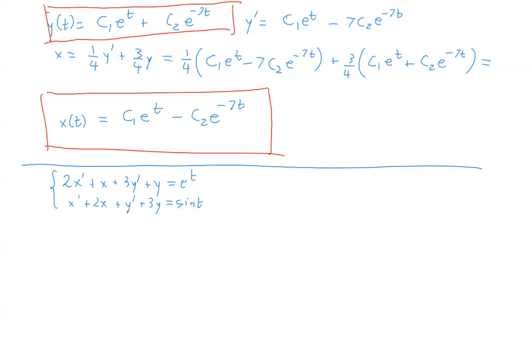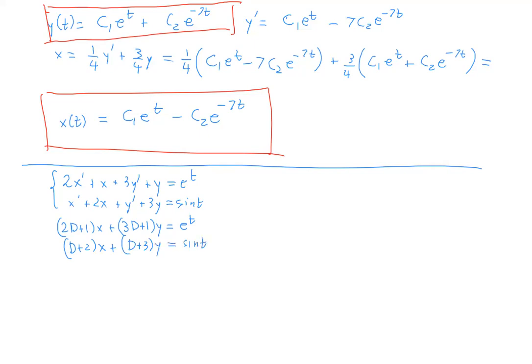So you should write this as (2D plus 1) times x plus (3D plus 1) times y is equal to e to the t, and (D plus 2) times x plus (D plus 3) times y is equal to sine t.